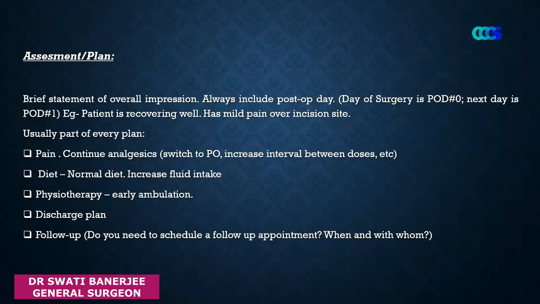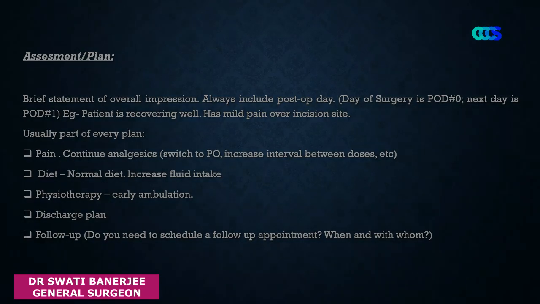Now, if you have done a big incisional hernia surgery where a big amount of gut has gone back into the abdominal cavity, you would like to start the patient on chest physiotherapy. And then the discharge planning and the follow up: if you need to schedule a follow up appointment, with whom, any referrals, and when. So, this is a complete daily note which should be written.